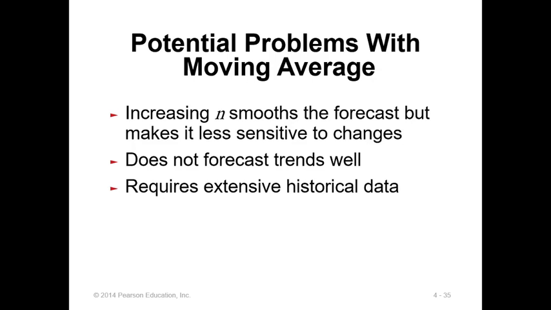It will smooth the forecast, but at the same time, it will not really assure that your forecast will be sensitive to changes, because you depend much on the historical data, which may be different from the future. That's why we are always saying that moving averages need a lot of data, extensive historical data.